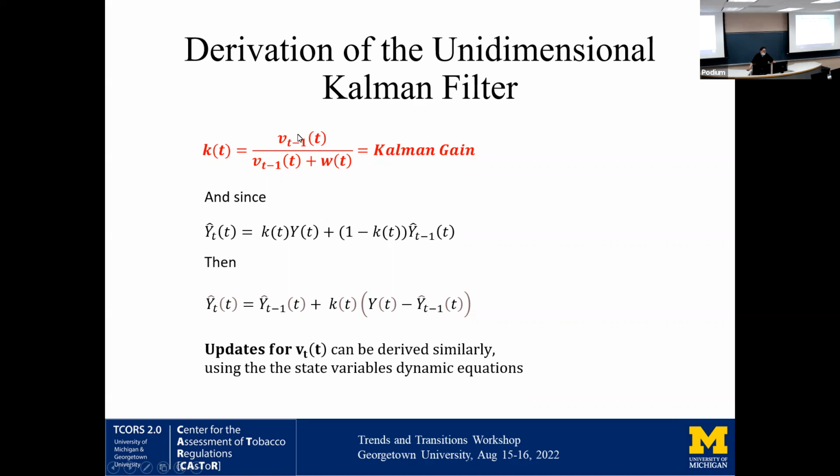the variance of the estimator from last period, divided by the same variance plus the variance of the observation. And the variance of the observations usually is constant.